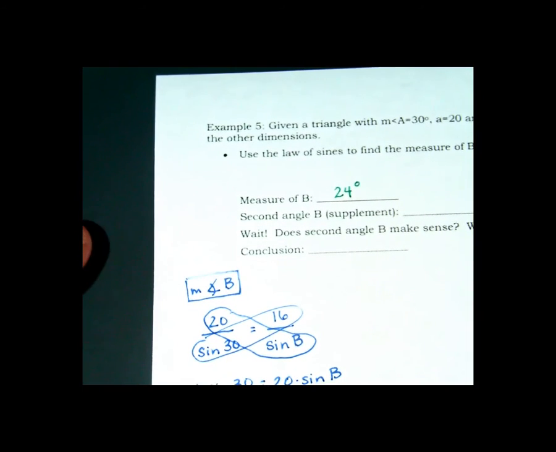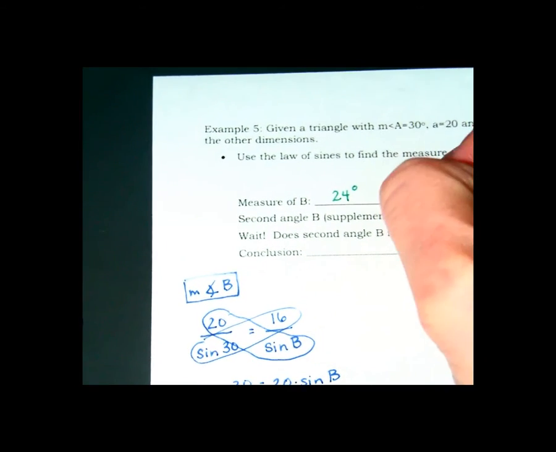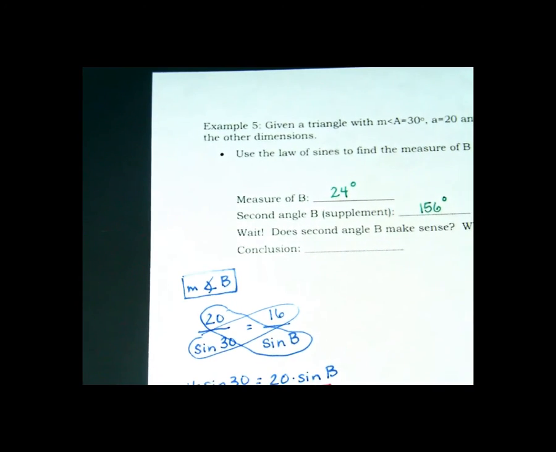If this has two possible triangles, the second option for angle B would be its supplement. Do you remember what supplement means? 180. What is 180 minus 24? Here's what this is trying to decide.